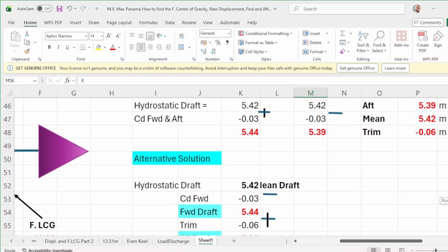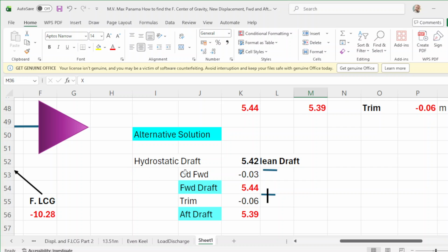Then there's another alternative solution. The hydrostatic drop of 5.42, this is your mean drop, minus your change of drop forward, which is negative 0.03. It should be add, because it is the change of drop forward.